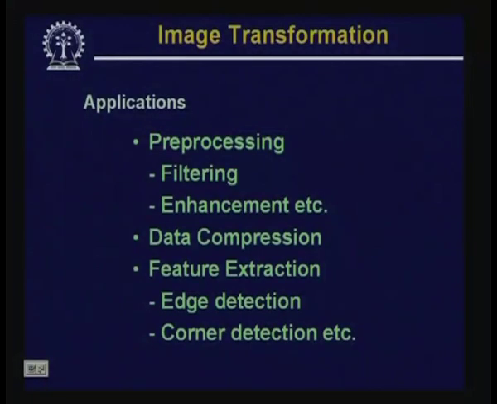So, these are some of the applications where image transformation techniques can be used. Apparently, we have seen that by image transformation I just transform an original image to another image, and by inverse transformation that transformed image can be retransformed to the original image. Here I have cited only a few of the applications. We will see later that the applications of these image transformations are much more than what I have listed here.